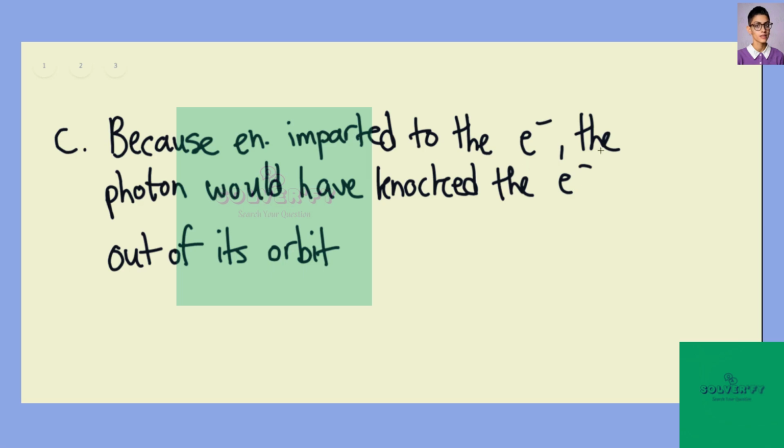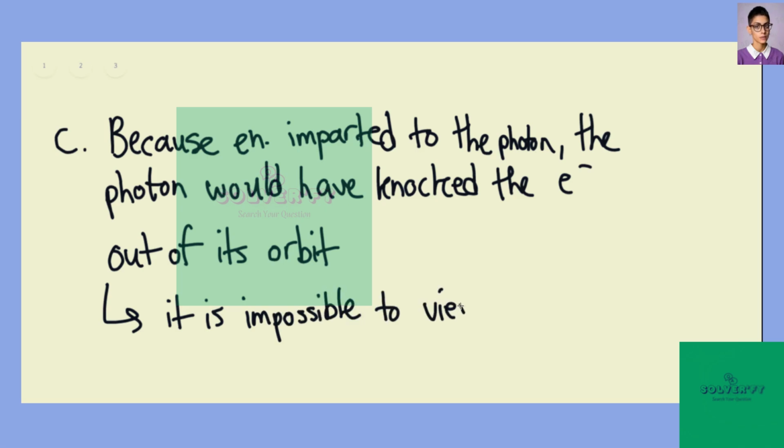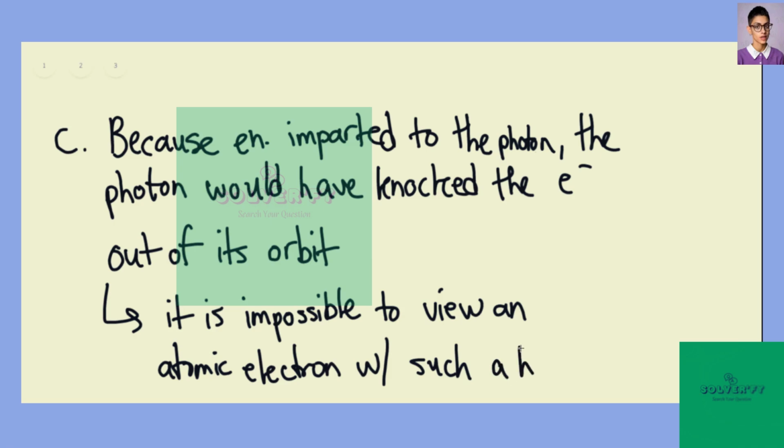Because of the energy imparted to the photon, the photon would have knocked the electron out of its orbit. Therefore, it is impossible to view an atomic electron with such a high energy photon.